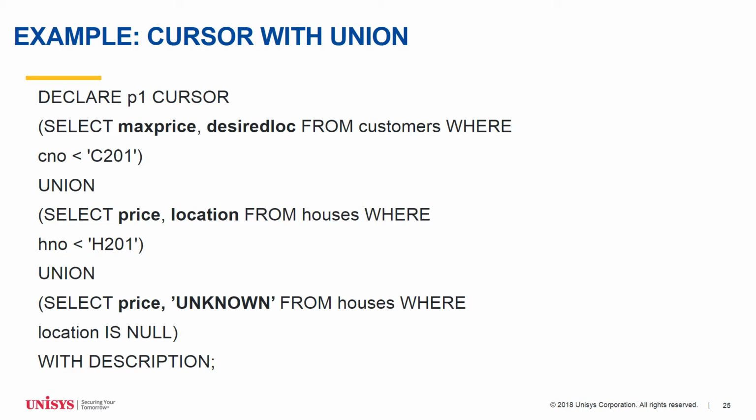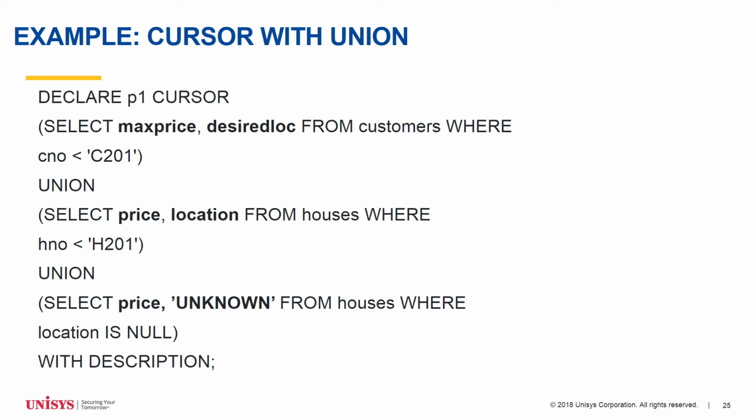Additionally, the second union previously required the size of the column location be equal to the size of the character constant unknown, which is 7 ASCII character values.